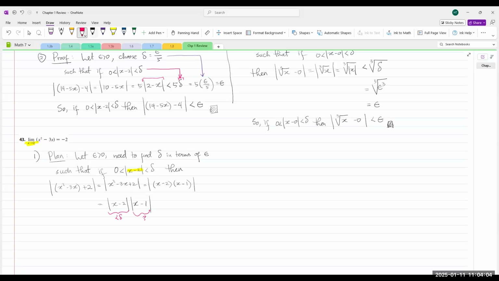Then let's do the analysis. So we know that the absolute value of x minus 2 is less than delta. We set delta to be at most 1, such that now the absolute value of x minus 2 will be less than 1.